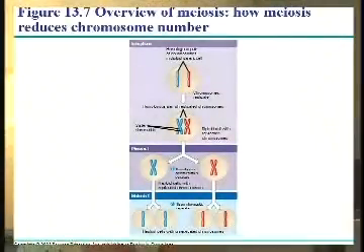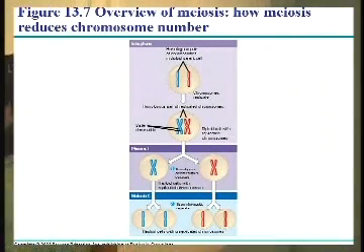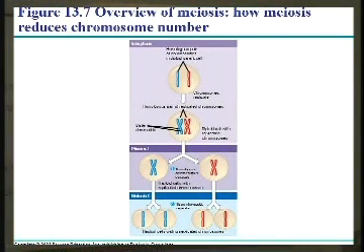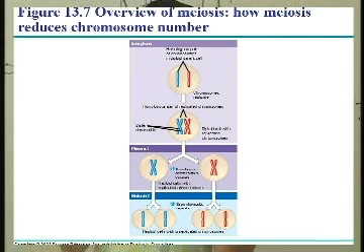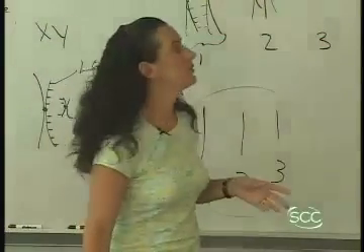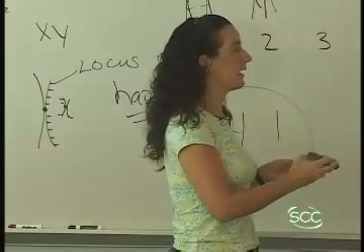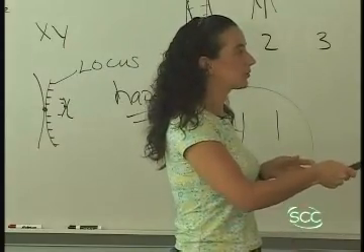Okay, let's look at meiosis in a quick overview. What's happening during meiosis is that in the diploid cell, the original 46-chromosome cell, our chromosomes will pair up.